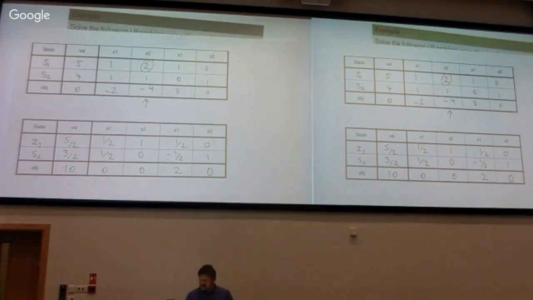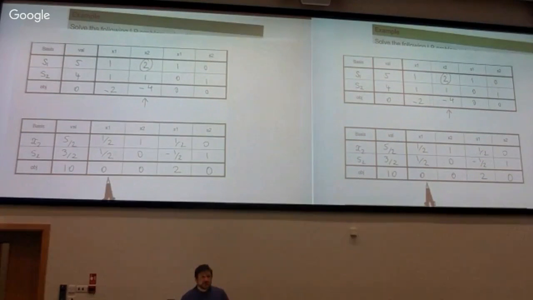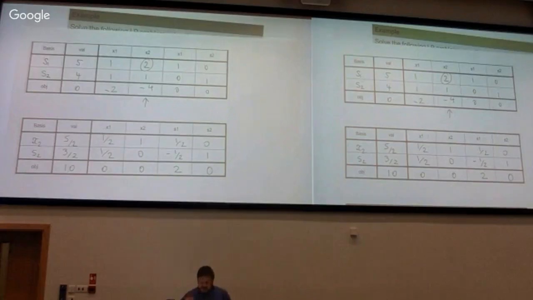No, it's 10. x1 and x2 are the decision variables. That's not suspicious. Oh, there's the 0 there. Is that what you mean? It is suspicious. Well, it's not. Well, it's important more than suspicious. Okay, so there is a 0 here.